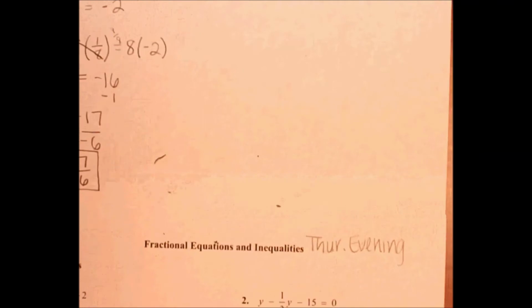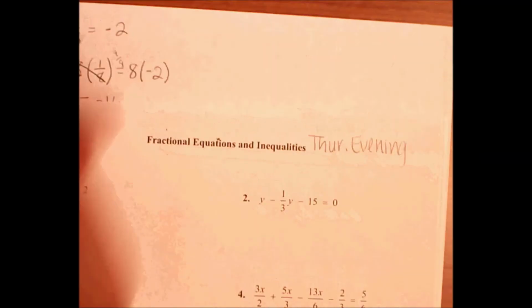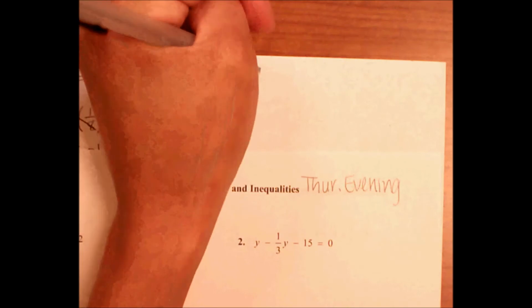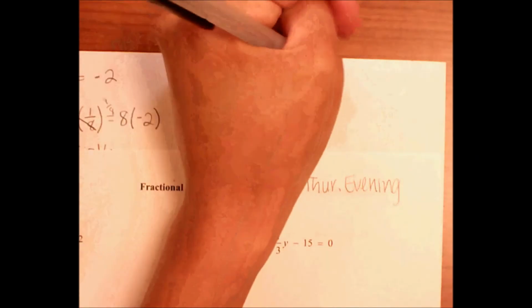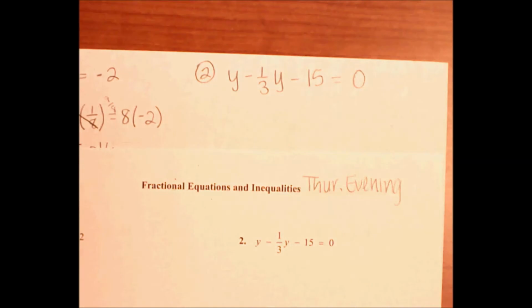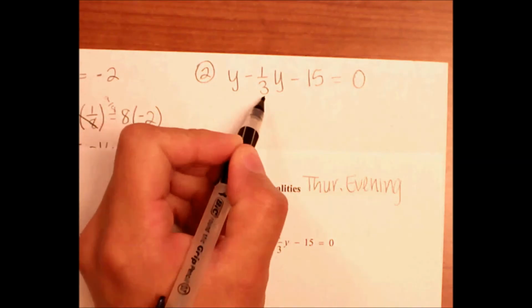I'm going to write it over here on the separate sheet of paper. We have y minus 1/3 y minus 15 equals 0. Okay, so again, the least common denominator here is 3.